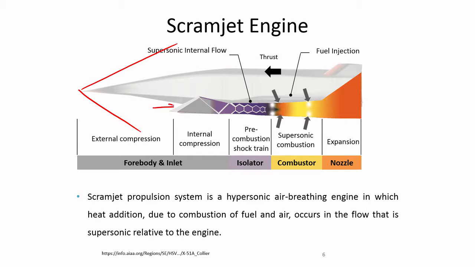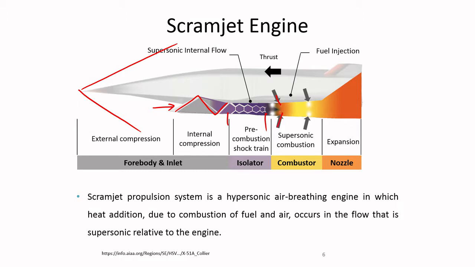So, the air essentially becomes an internal flow at this part where there will be internal compression. And there will be shock trains being formed, oblique shock waves being formed, and then you have a constant area duct which is called an isolator to contain this pre-combustion shock train, and then you will add the fuel in this part.